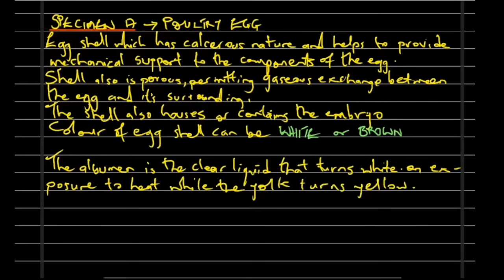Yes, when heat is applied to the egg, you notice that the albumin turns white and the yolk itself turns yellow. So that is basically what the content of it is.